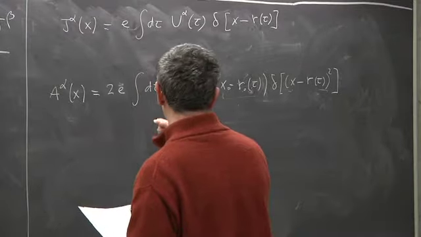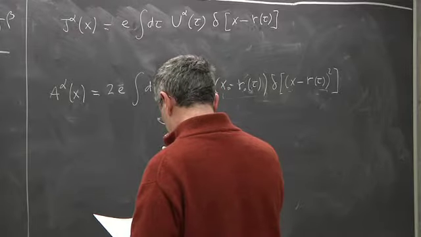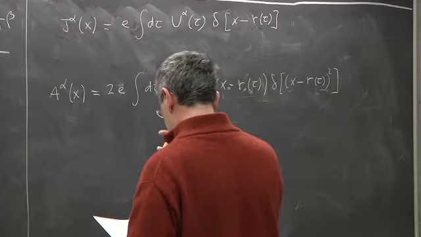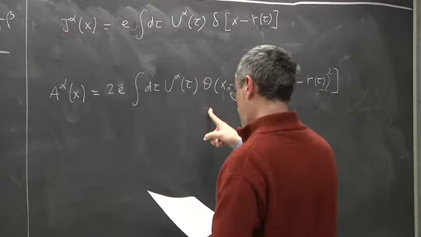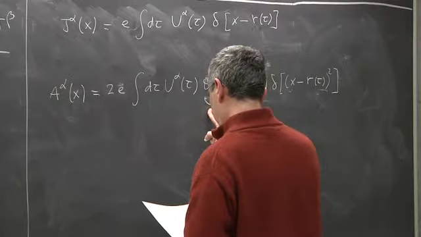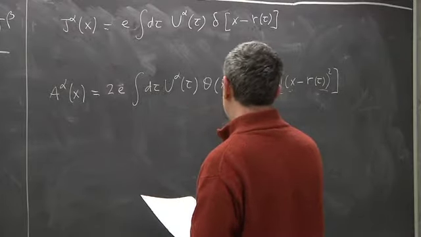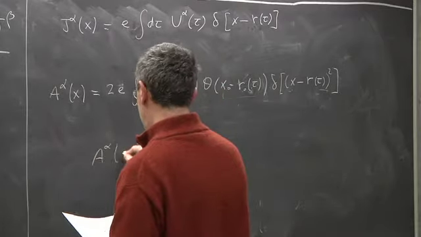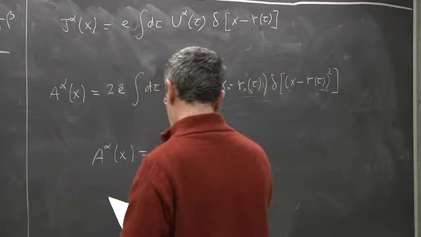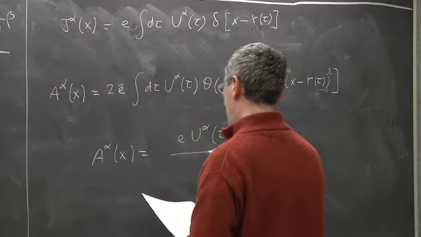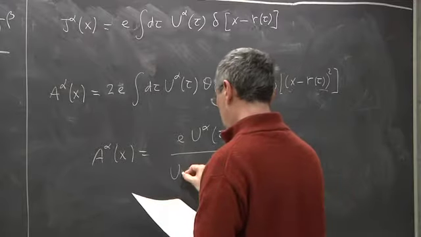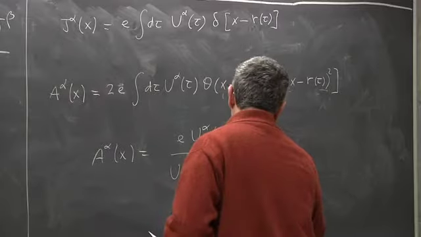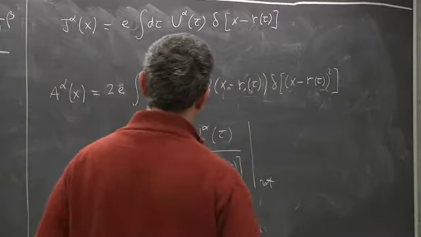And actually, you can even do this integral, if you remember the property of the delta function. If you do that, you get the final result. So you have the charge, the velocity there, and then u dot x minus r tau at the retarded time, if you do this integral.